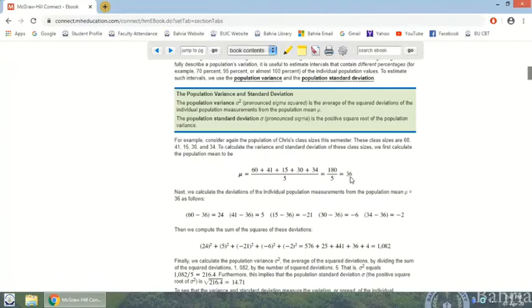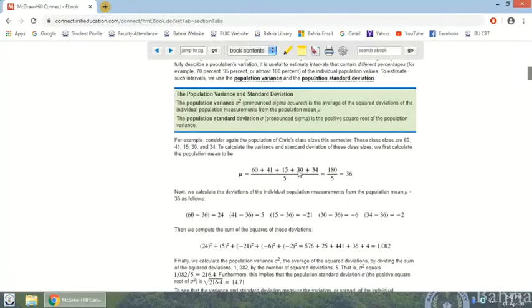So what we do is that from x bar, we can assess the average dispersion or deviation of each value x that varies from the mean.